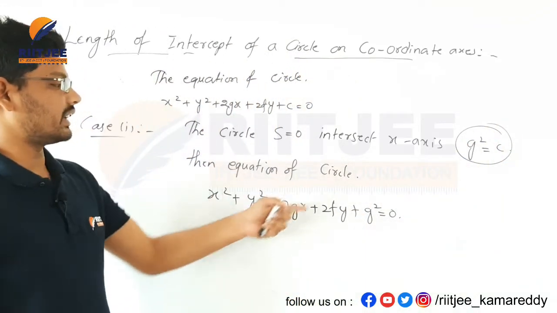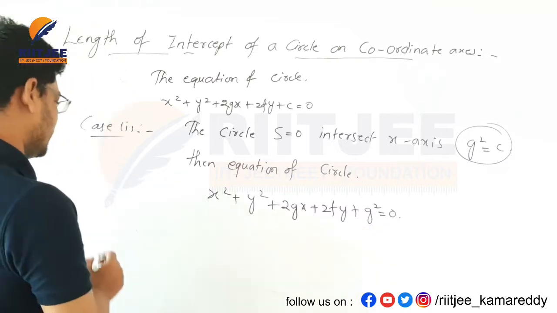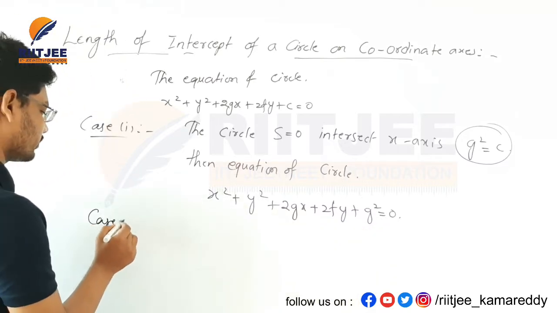Then the equation of circle is x square plus y square plus 2gx plus 2fy plus g square is equal to 0. This is the equation of circle when the circle S is equal to 0 touches the x-axis, that is g square is equal to c.